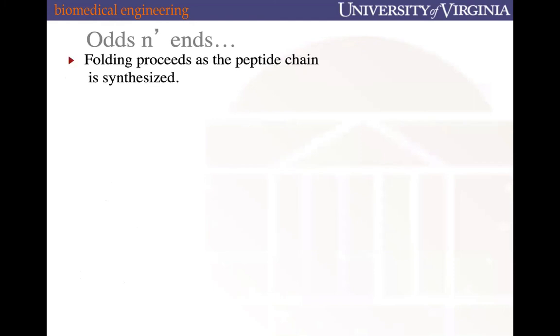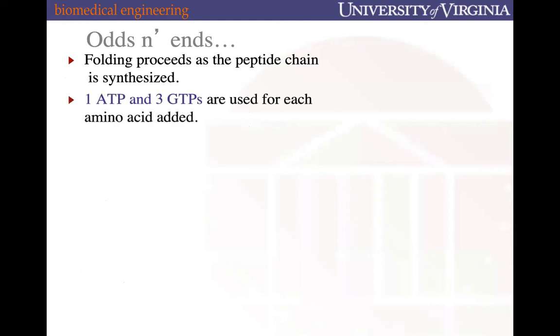As the peptide chain is being synthesized, we talked about how folding is determined by hydrophobic interactions, and those interactions are present, so folding is occurring as the peptide chain is being synthesized. To keep an energetic inventory of what's happening during translation, it requires one ATP and three GTPs for each amino acid that's contributed to the growing polypeptide.